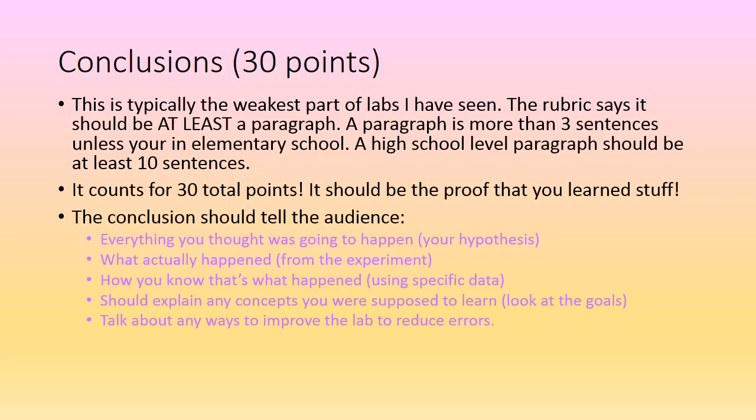It may be something like, something that could have improved the lab is if the scale read to one more decimal place to be more precise. That's a way to improve the lab. Just saying that you needed to be better at measuring, that's not an improvement to the actual lab procedure. So you're thinking about procedural things that need to be improved. And always try to think of one for your lab.